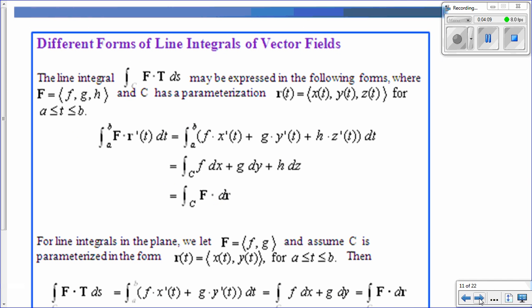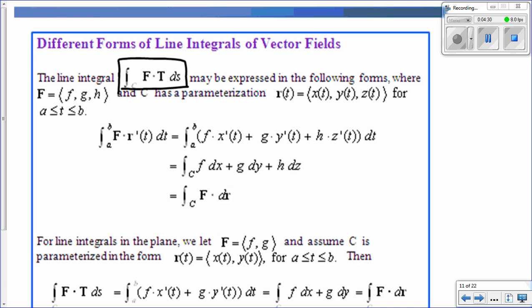Okay, so what we need to do is have a method for evaluating line integrals where the parameter does not have to be the arc length. Now to do that, we're going to take this line integral, which is measuring the components in the tangent direction of the vector field, and we want to rewrite it.